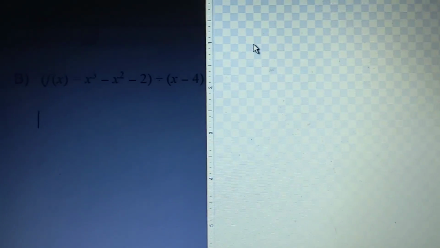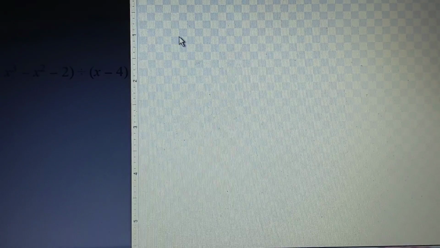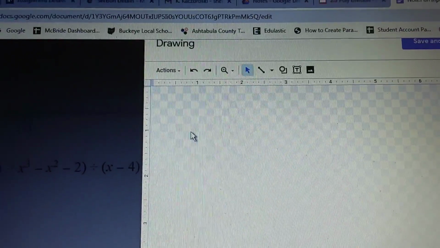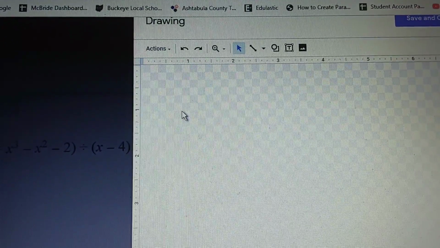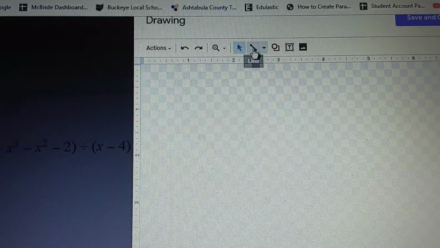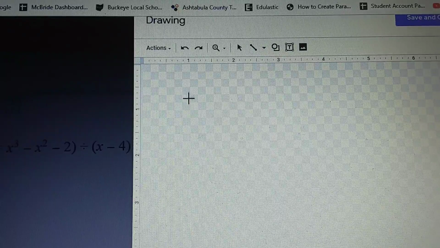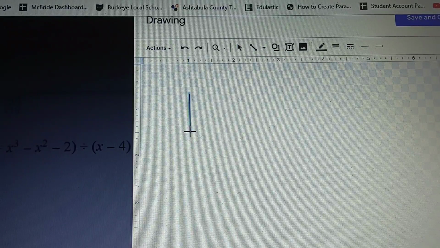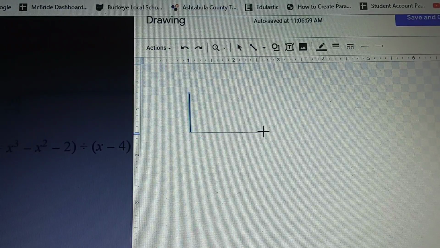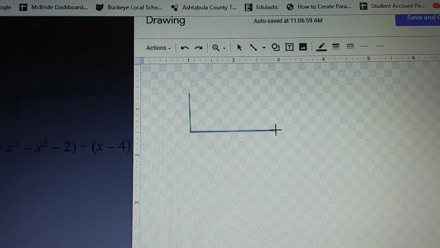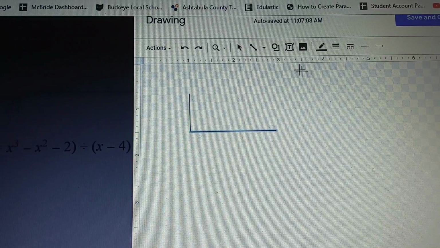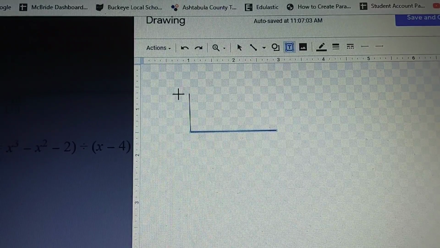Okay, now I'm going to move my camera so you all can see what I'm doing. There we go. Okay, so I'm going to make my little box. Then I have to hit my text box.